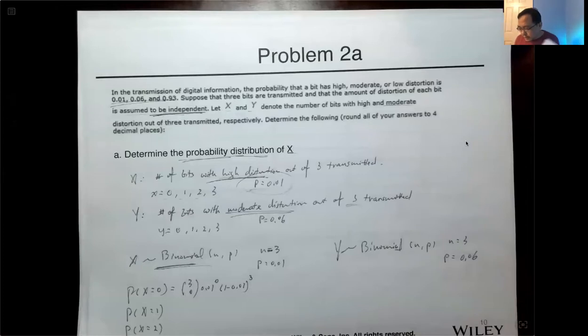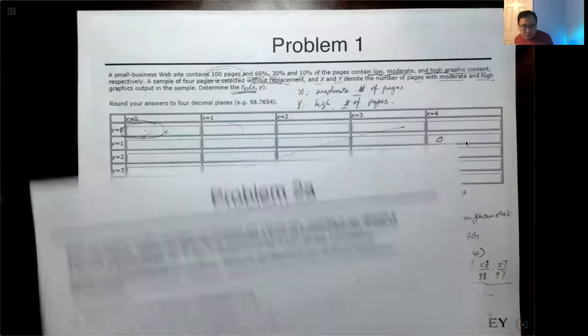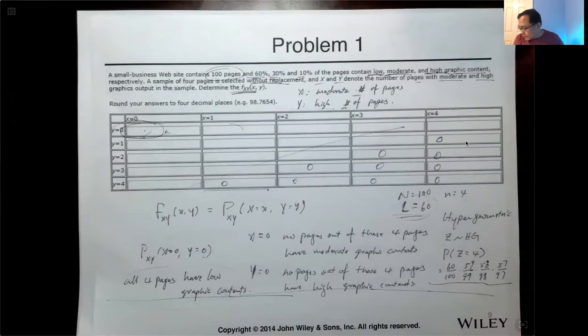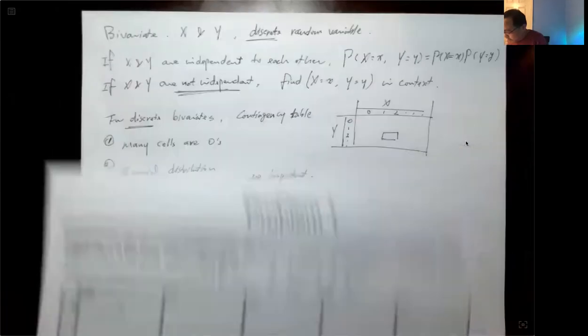If the result of the first selection will not affect a subsequent selection, then that's binomial. And if the result of the previous selection affects the subsequent selection, then you should consider the hypergeometric case. All right, let's go back to this problem.